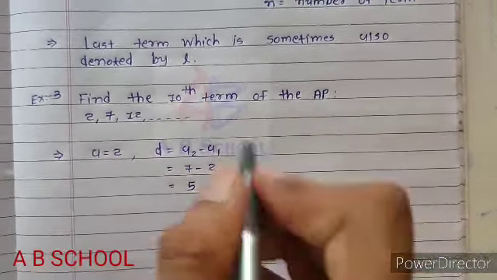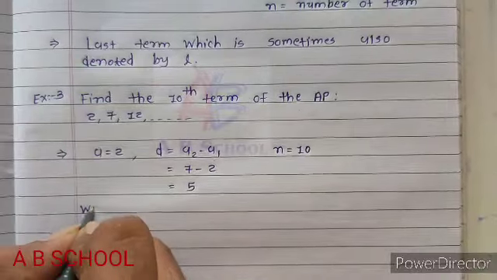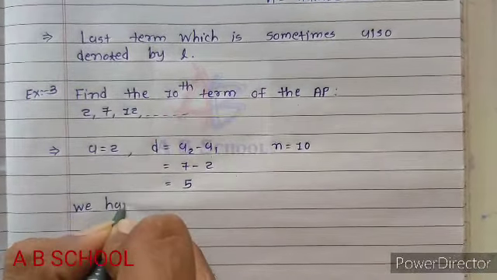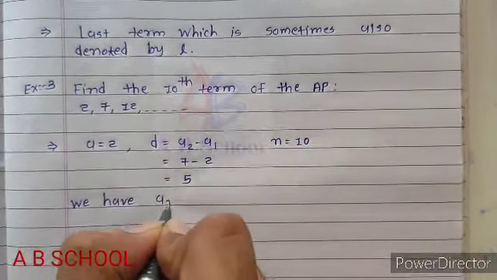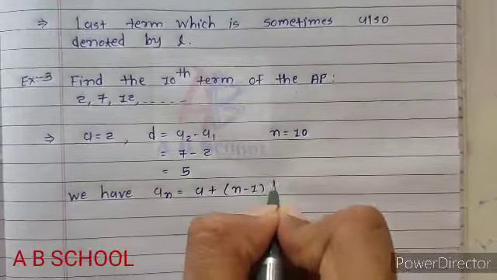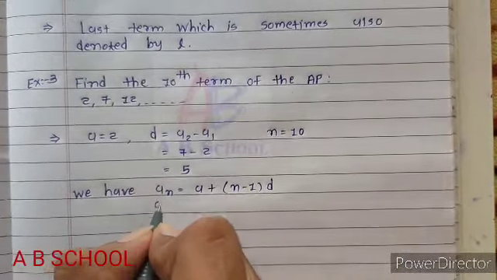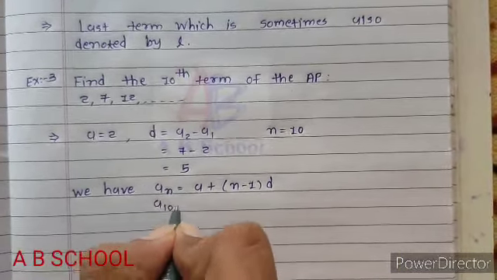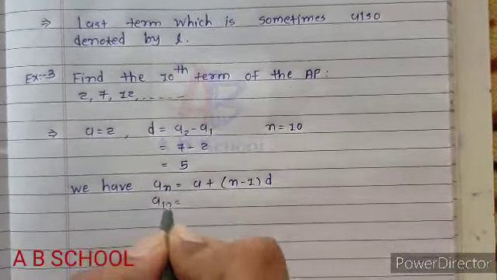So by using the general form of AP, we have AN is equal to A plus N minus 1 into D. Value of N is equal to 10 for the 10th term.